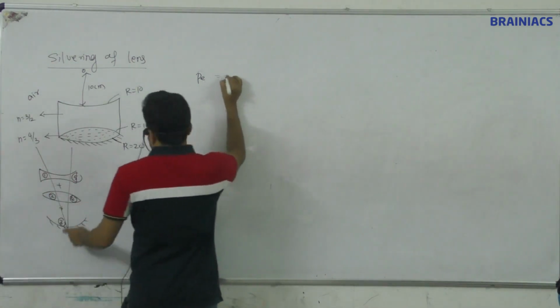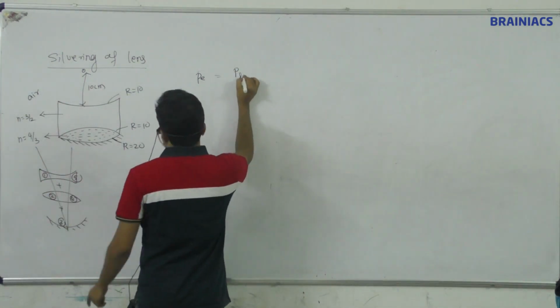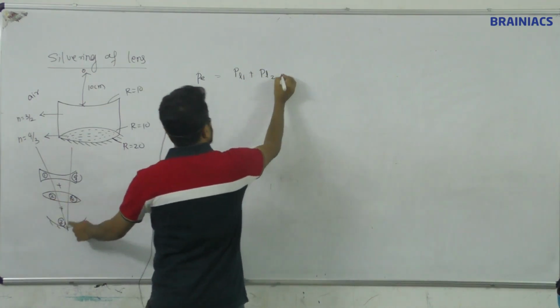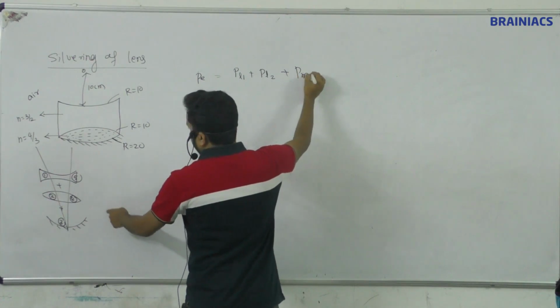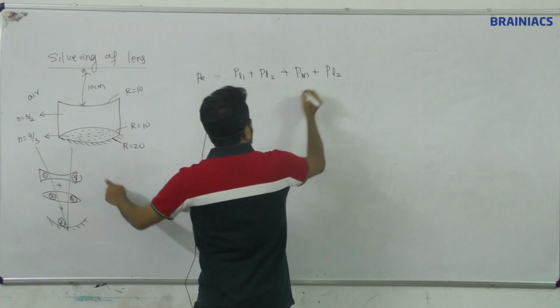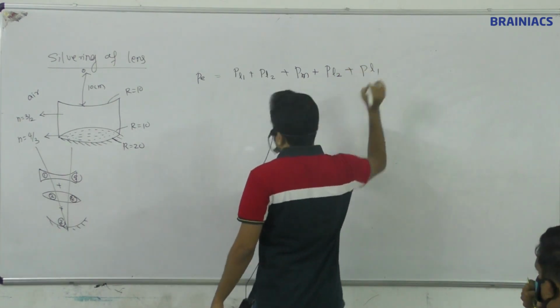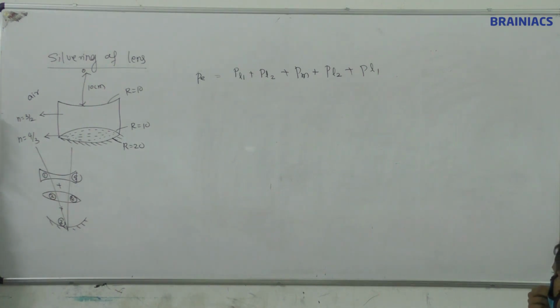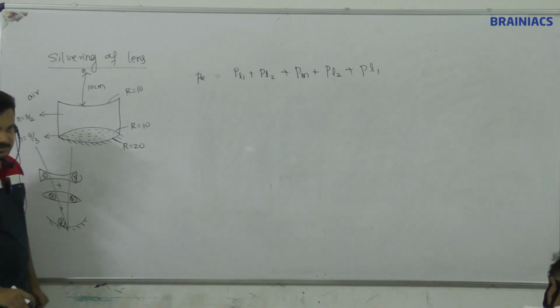So total power equals power of lens 1 plus power of lens 2 plus power of mirror, then back again power of lens 2 and power of lens 1. Totally 5 terms will be there. Hope you understood how it is written.